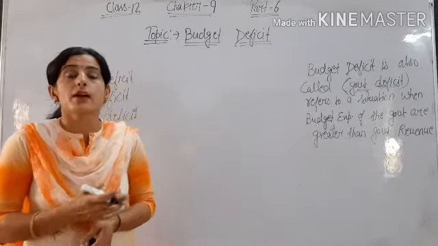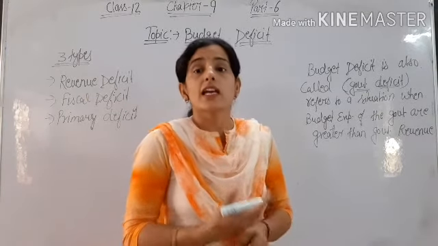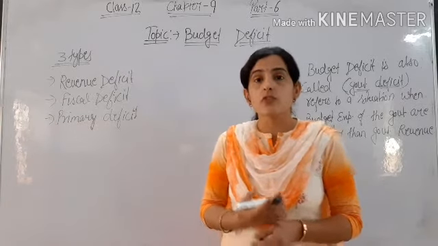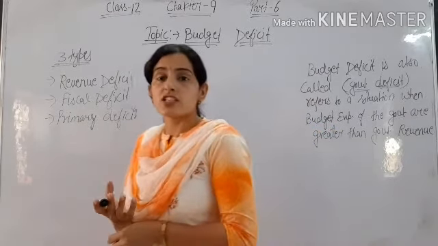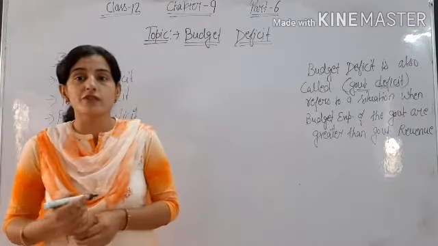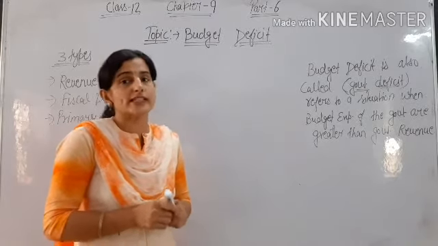Fine means if we break any law made by the government, then we have to pay a fine. Fees means if we want a death or birth certificate, or registration of land, then we have to pay some fees to the government department. So that is non-tax revenue.